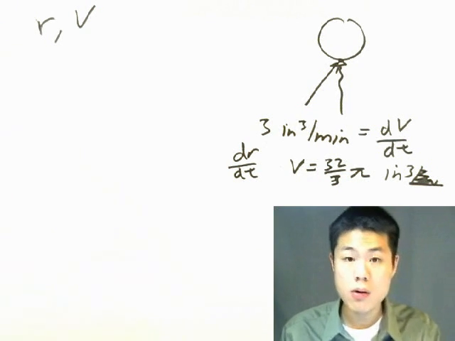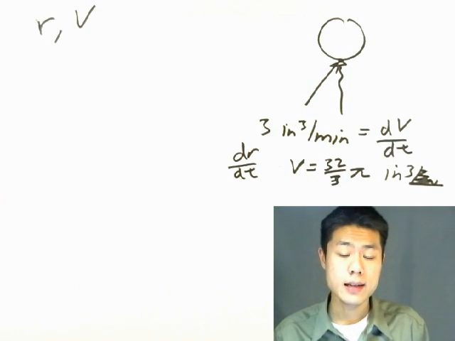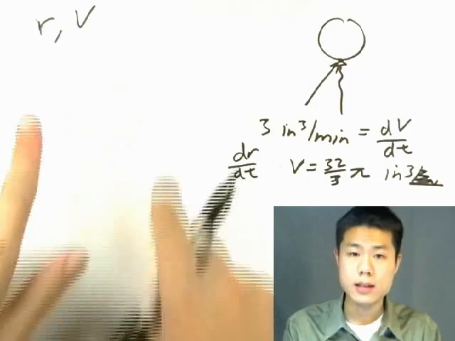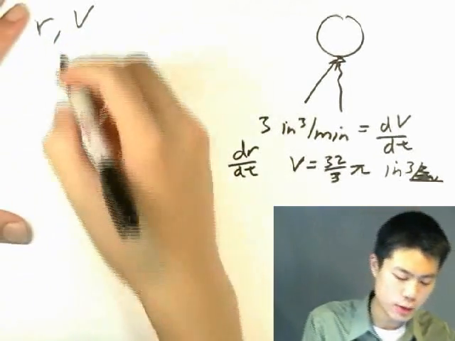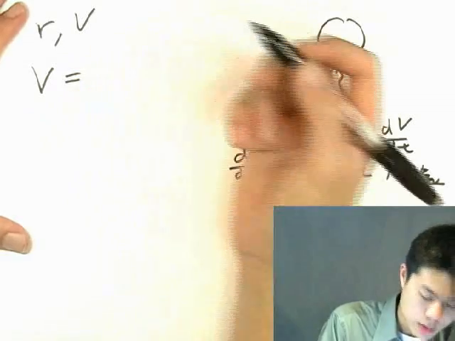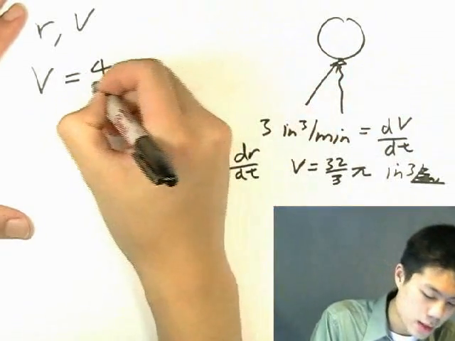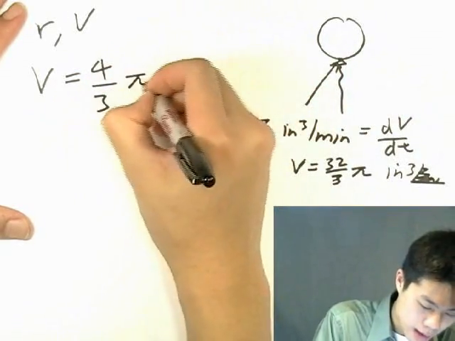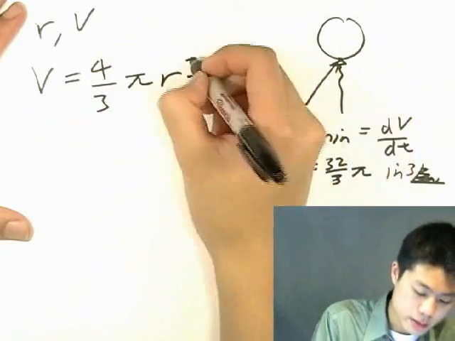Right, so now we have to find the equation that tells us how these two variables relate to each other. And that's going to be V is equal to, well, if you don't remember, it's okay, I'll tell you, 4/3 pi r cubed.